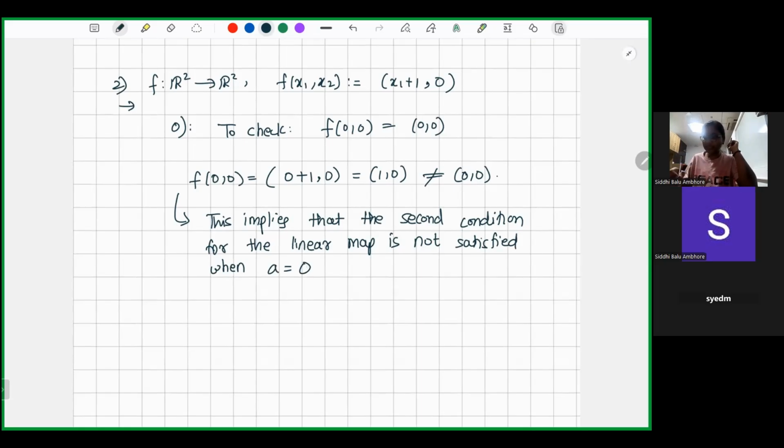The second condition is that f of a x is equal to a times f of x.